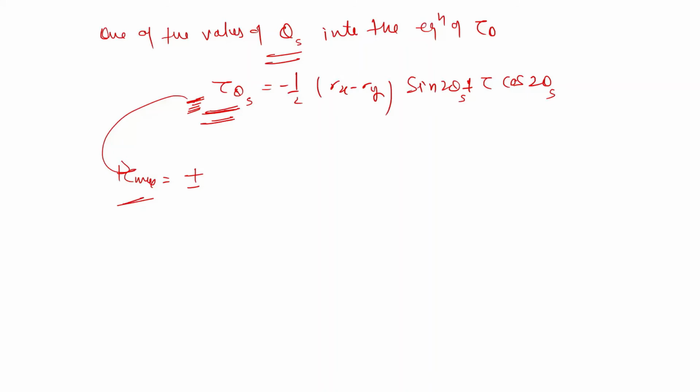As we know, the value of shear stress on the plane of maximum direct stress is 0, because that plane is known as the principal plane, and we proved that in the principal plane the value of shear stress is 0. But it is not necessary that in the plane of maximum shear stress the value of direct stress will be 0. So in the next lecture we'll find out the value of direct stress in the plane of maximum shear stress.